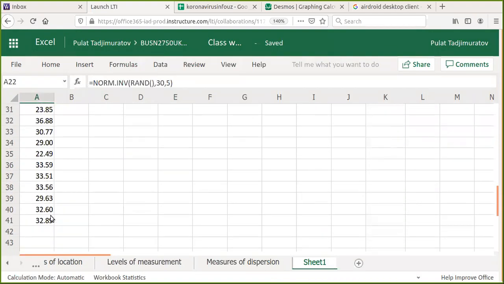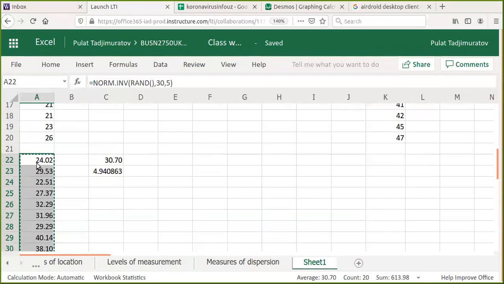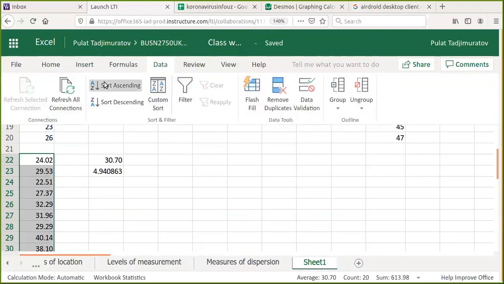Oh, and that's again copy, paste just the numbers and sort them in advance.